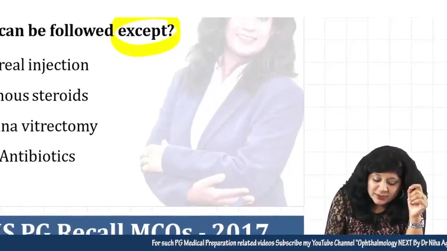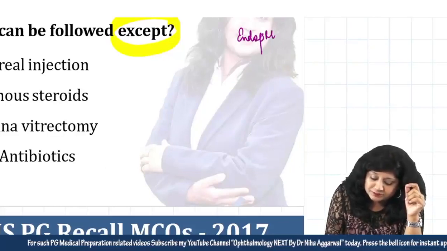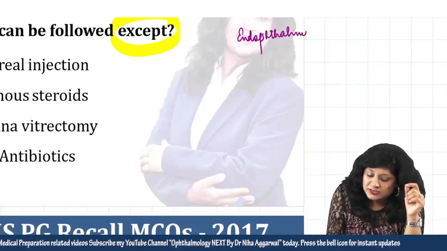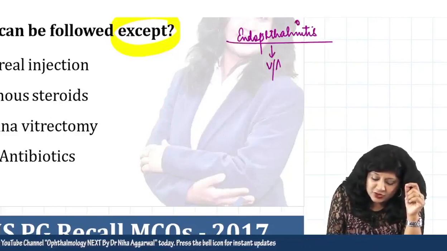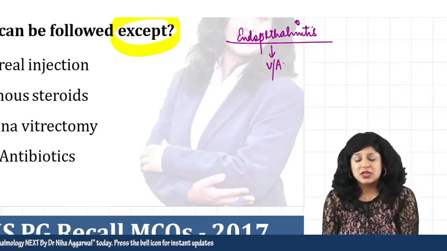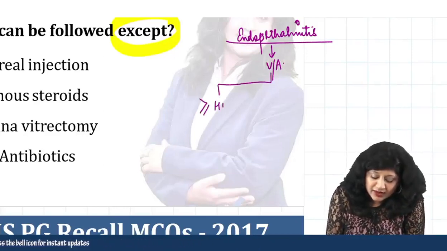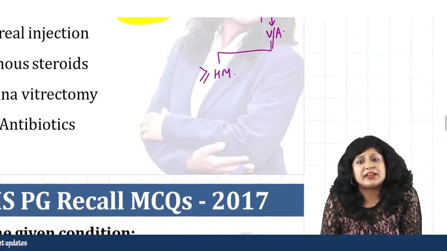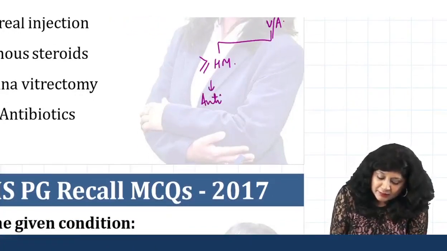So, all of the following should be taken except, you have to see what should not be started with. Whenever the patient is coming with the endophthalmitis, you have to first assess the visual acuity, and if the visual acuity is at least hand movement or better, then we start up with the antibiotics.